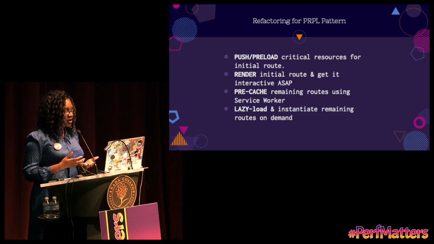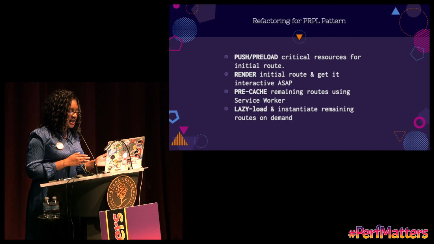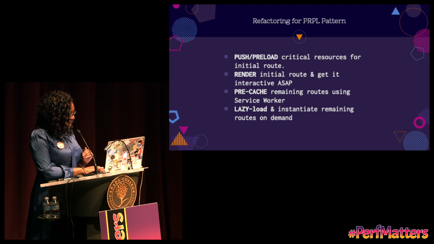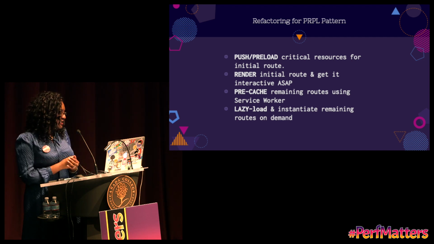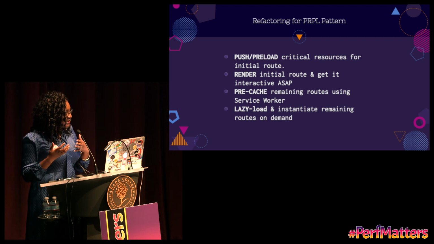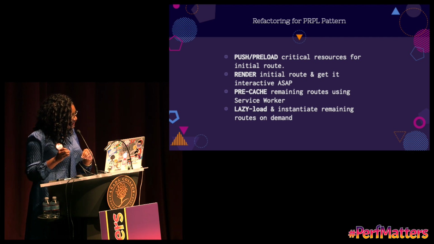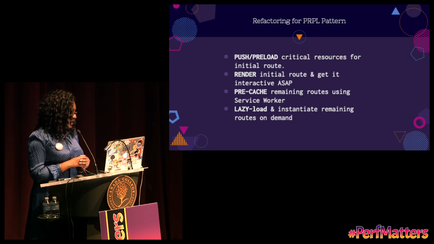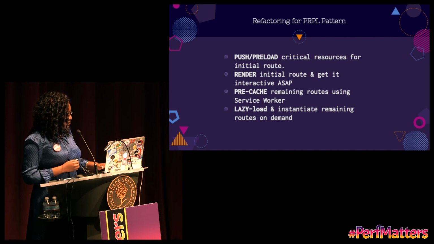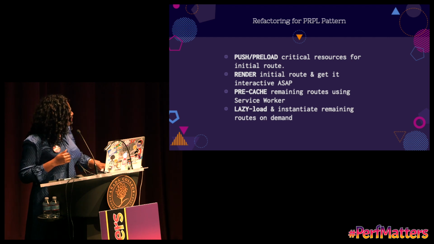But it can also perform an initiative fetch to prefetch, then pre-cache future resources. And lazy loading and lazy instantiating the remaining parts of the app is relatively challenging to achieve, because it requires both code splitting and async importing. So keep that in mind when moving towards lazy loading.